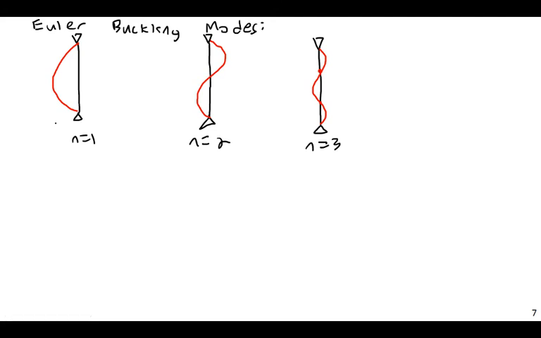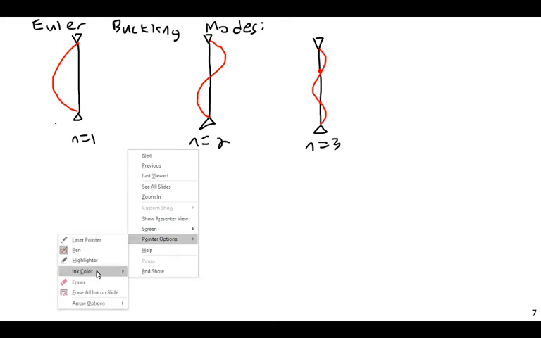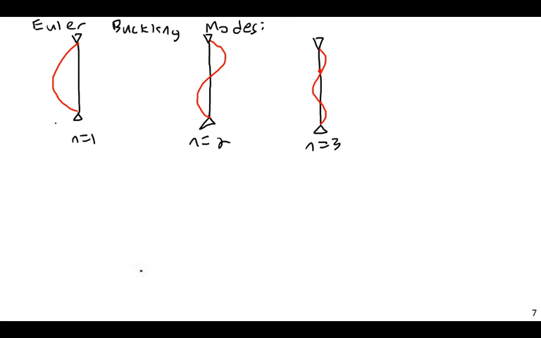Okay, that is the Euler buckling equation. This is the idealized form. I'd like to draw a comparison between Euler buckling and the plastic bending moment that we had when we looked at beam bending.